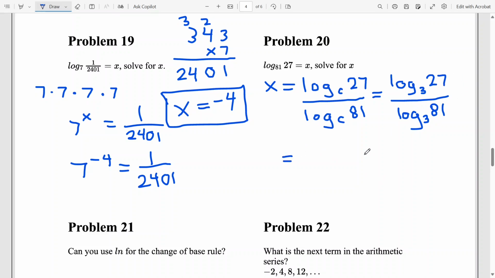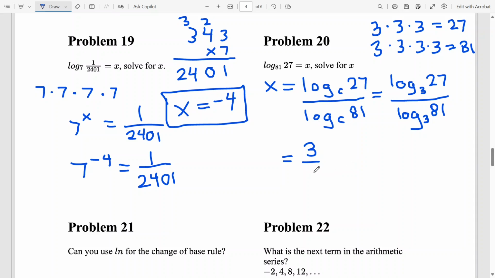So log base 3 of 27, that's going to be 3, because 3 to the third power is 27. If I take 3 times 3 times 3, that's 3 to the third power. That equals 27. Okay, and then how many 3s do I have to multiply to get 81? Well, I do 3 times 3 is 9, times 3 again is 27, times 3 again is 81.